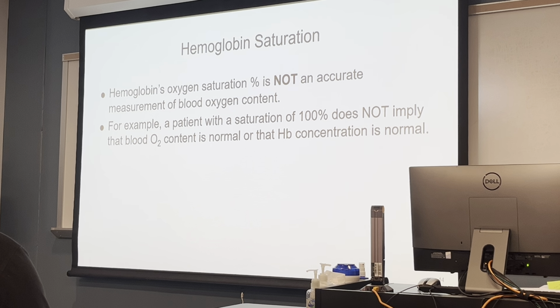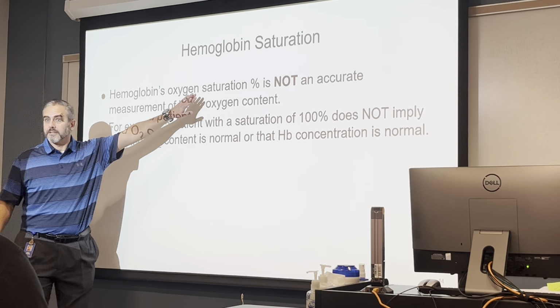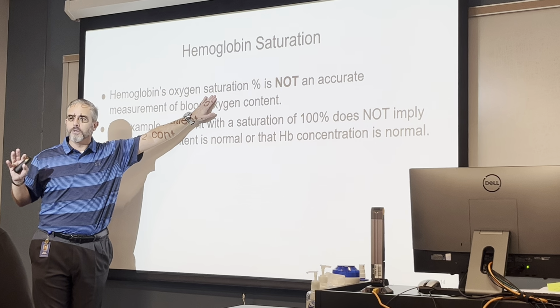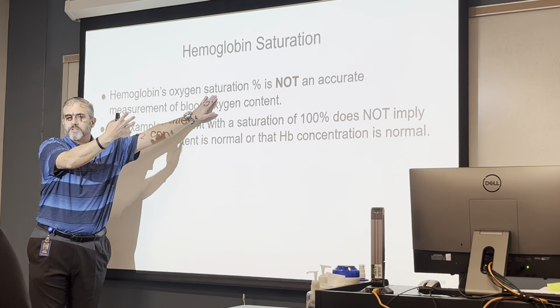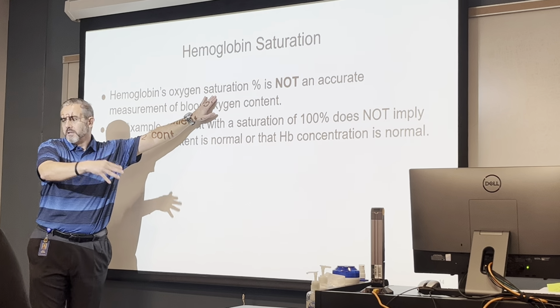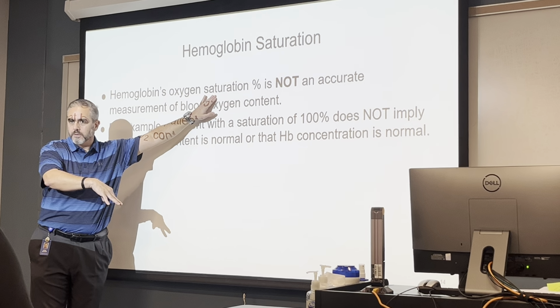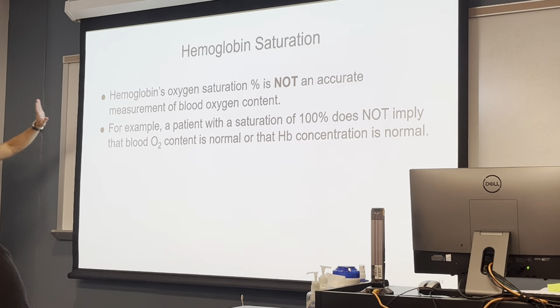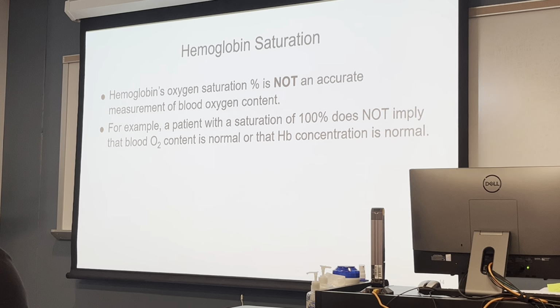So hemoglobin's oxygen saturation is not an accurate measurement of blood oxygen content. Now, I will say, it's a part of it. It's a very big part. It's an important part of it. But I don't want you to put all your eggs in one basket and think, well, if their saturation is good or bad, then everything is fine or horrible, okay? So, it's not an accurate measurement of blood oxygen content.